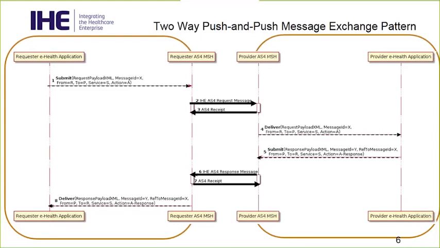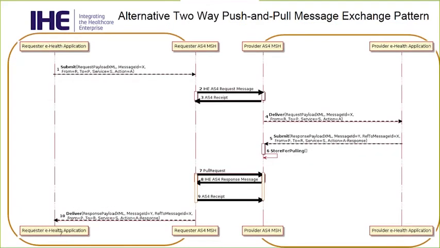And when the response is to be handled, that comes later on a completely asynchronous response message that has its own receipt. And you see that the communicating systems submit, deliver, and submit, those dotted lines are more interfaces within the communicating communities. And what is shown here is a push and push message exchange pattern.